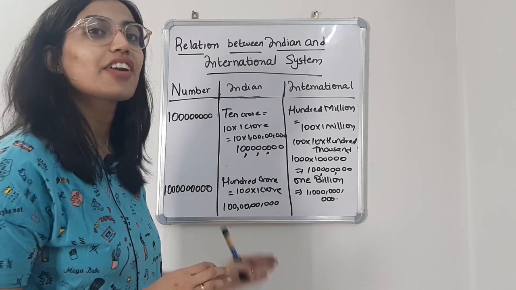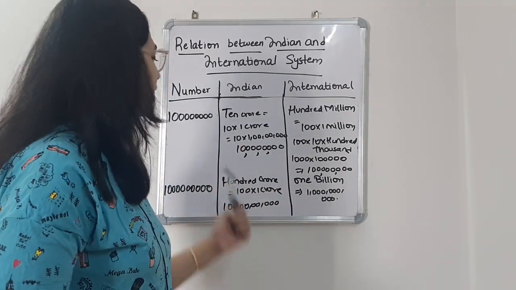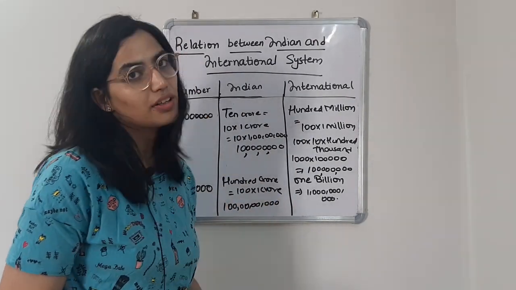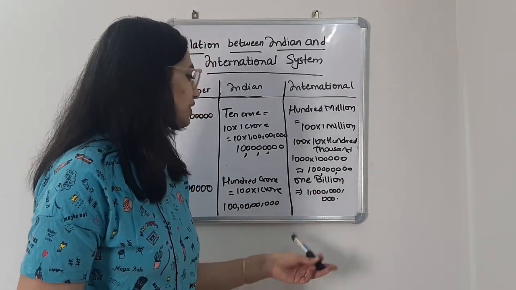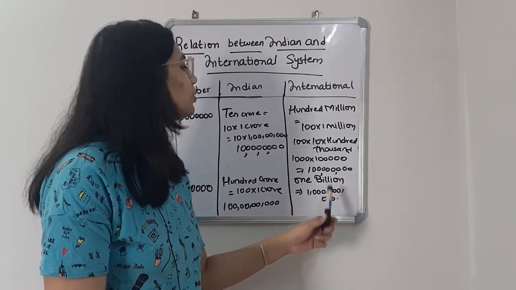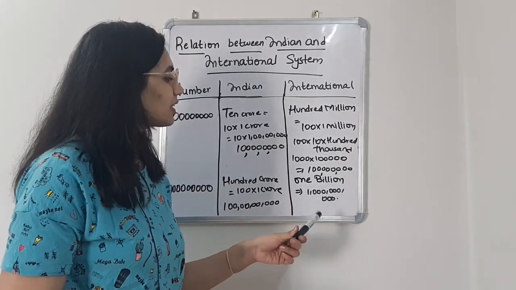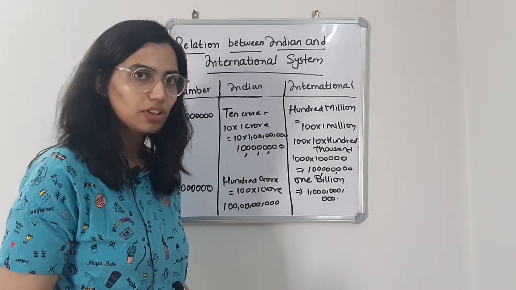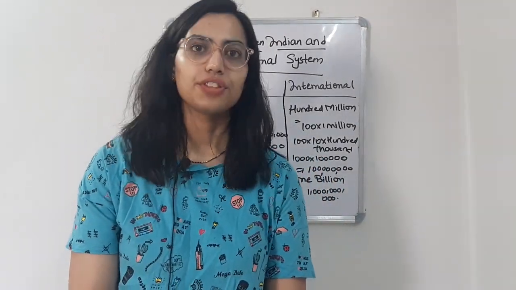That is 100 crores. And we use the same logic by multiplying 100 into 1 crore. And if we put the value of 1 crore, we get 100 crores. And same here, 1 billion can be written as 100 into 10 million. Okay, so 1 billion is nothing but 1000 million. So this is the relation between the Indian system and the international system of numeration.